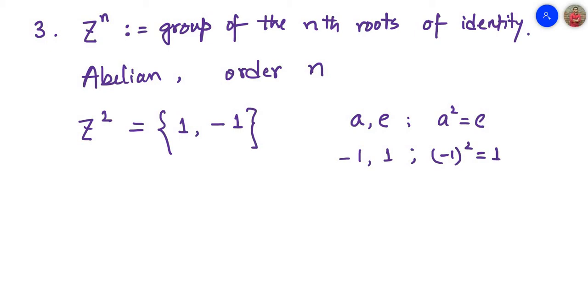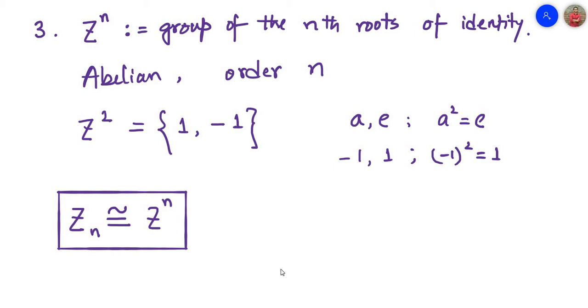So it is clear that Zn forms a group under multiplication, yet there's something very mysteriously resembling between the Z subscript n group and the Z superscript n group. Notice they're both abelian, they're both of order n, although the binary operations and the group members are totally different. So Z subscript n and Z superscript n are mutually homomorphic.